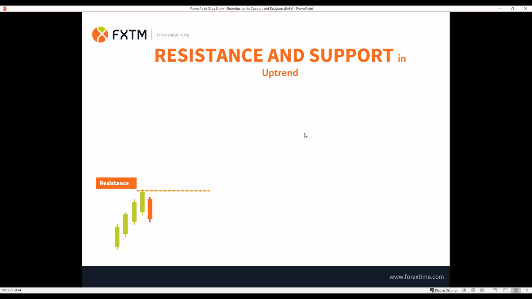During a strong uptrend, resistance will be violated, will be breached, will be broken. It's extremely important to understand that.